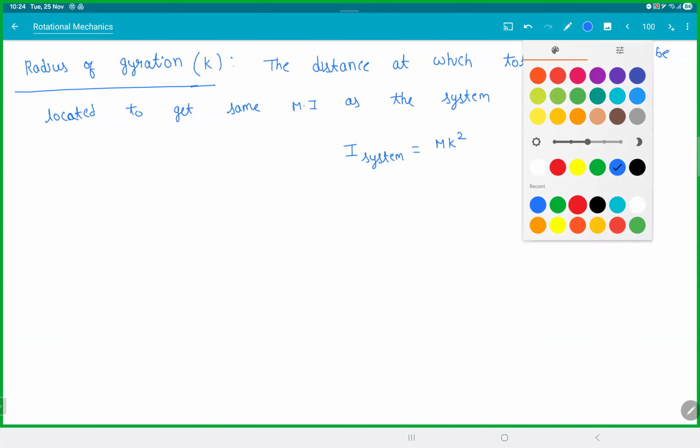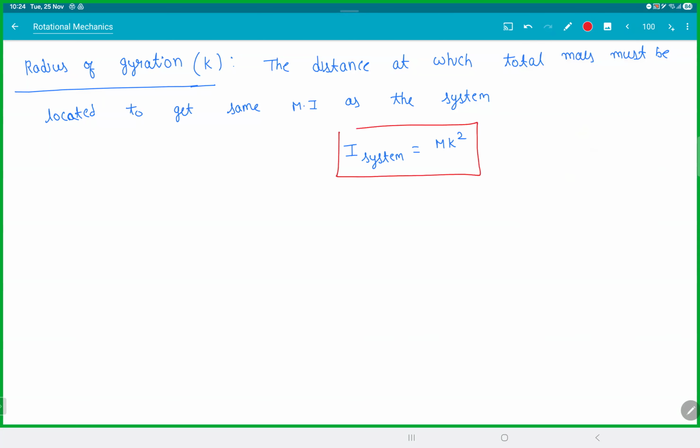I'll tell you what it means. When there is a body, on top of the body they will print: mass is 1 kg, radius of gyration is 2 meters. So what is the moment of inertia? M k square. I don't care what the body is. Then how will you find the value of k? The manufacturer, for example if it is a disk, wants to replace this entire disk with a particle of the same mass at a distance k.